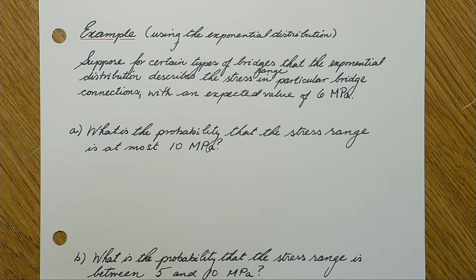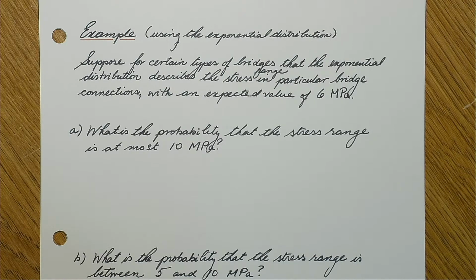So here's an example of using the exponential distribution. Suppose that for certain types of bridges an exponential distribution describes the stress range in a particular bridge connection with an expected value of 6 megapascals.